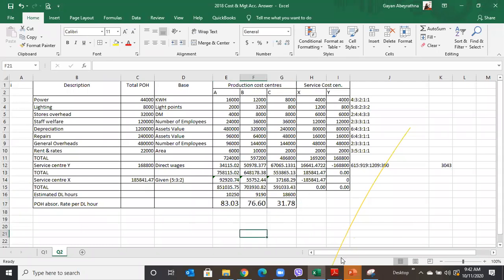When the service cost centers' contributions go on for each, that means x contributing for y and y contributing for x, then in such scenarios we have to use some methods: the deducting method, reducing method, continuous allotment method, or the simultaneous equation method.